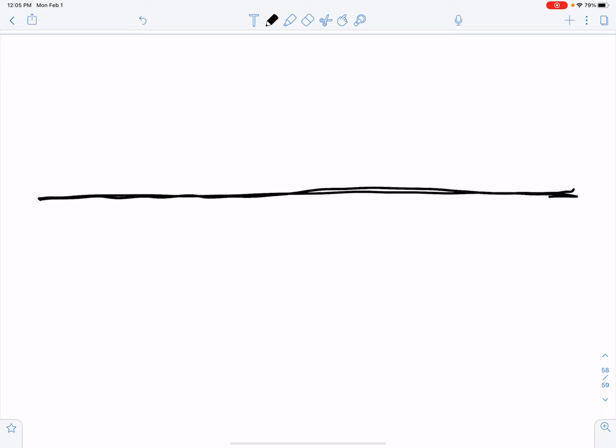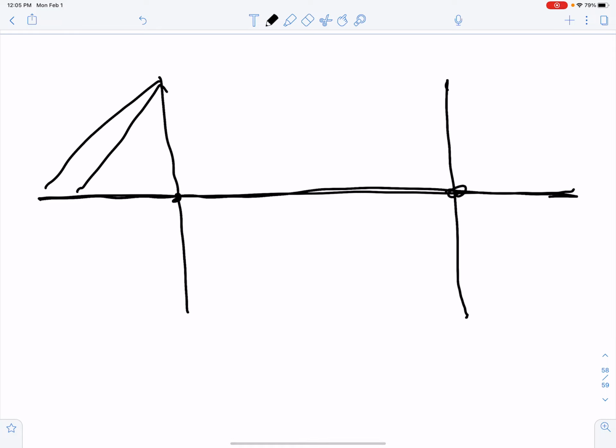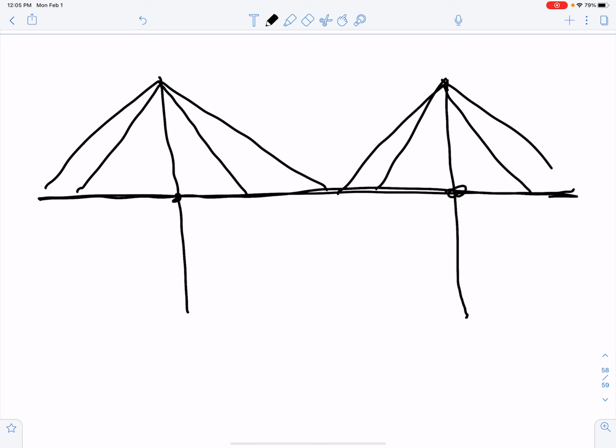And the idea here is, supposedly you want to handle a situation where you're analyzing a bridge. So let's say this is a bridge deck. You're going to have a couple of pylons that are supporting it, and so you'll have a connection here, you'll have a connection there, this deck extends, and then you're going to support it also by cables like this. Something to that effect.